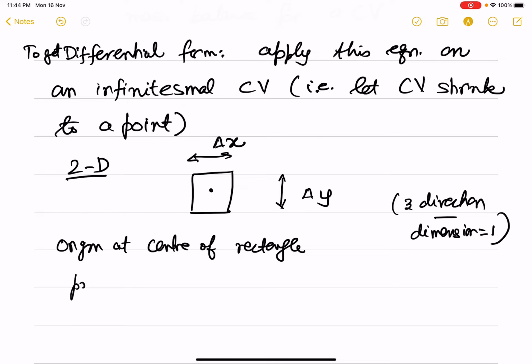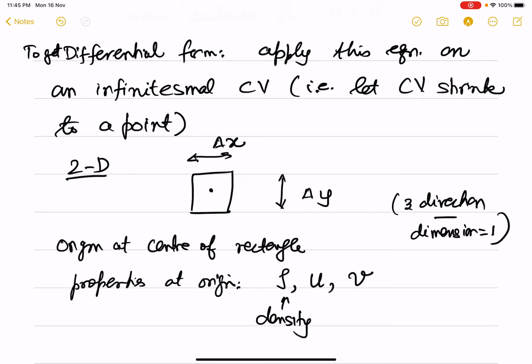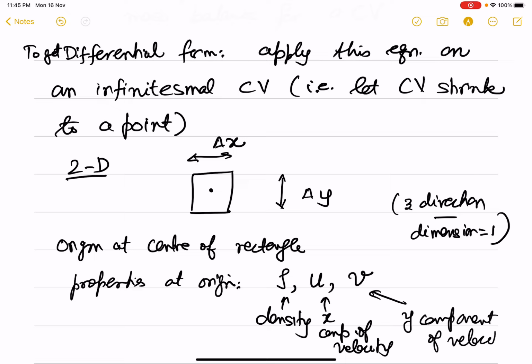Now the properties at the origin, let us write them as density, then u, v. So this is density, this is the x component of velocity, and this is the y component of velocity.